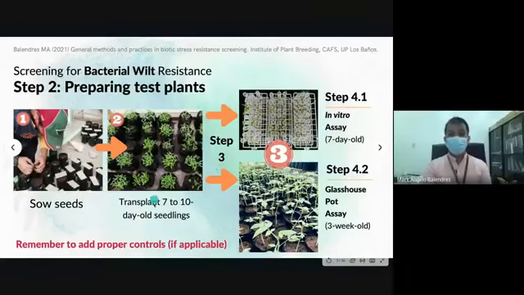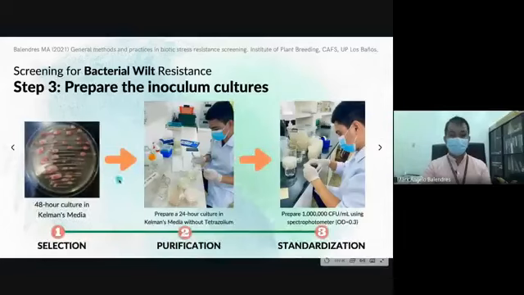This is step 3 here, which is the preparation of the inoculum. So you have 48 hours of culture in Kelman's media. It will have a pinkish appearance in the media, and then you'll have to select a single colony. This is already purified, but the test will require you to get bacteria from a single colony.